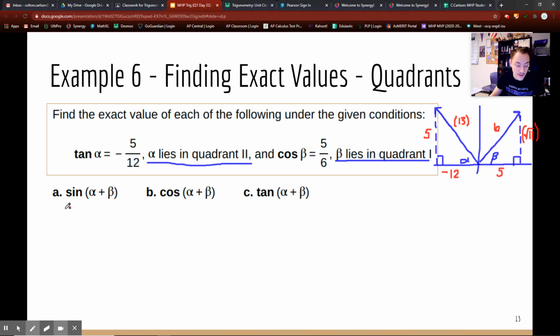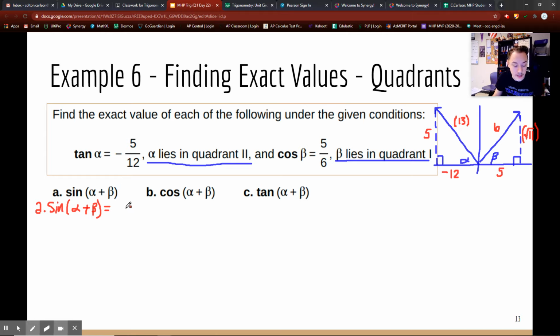Let's do sine first, okay? I'm not going to show you the formula, but this is sine of alpha plus beta. Again, I'm not going to show you the formula. I hope that's okay. All right, look back at your formula when I get these values.